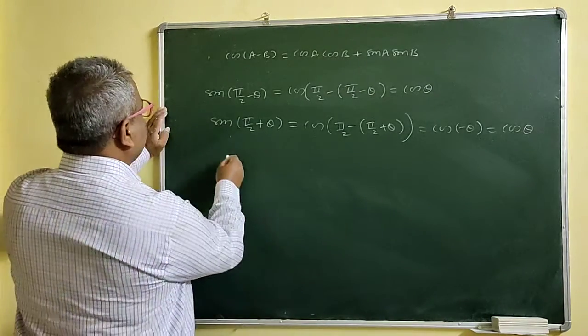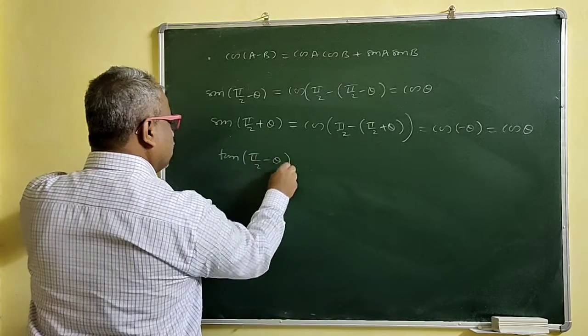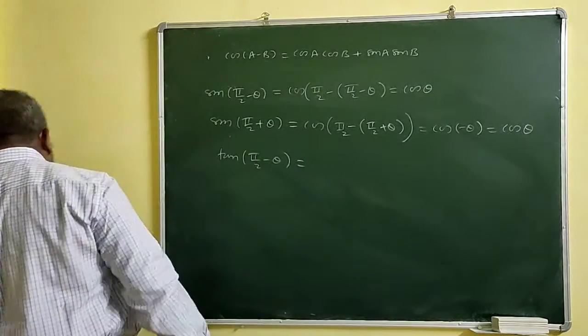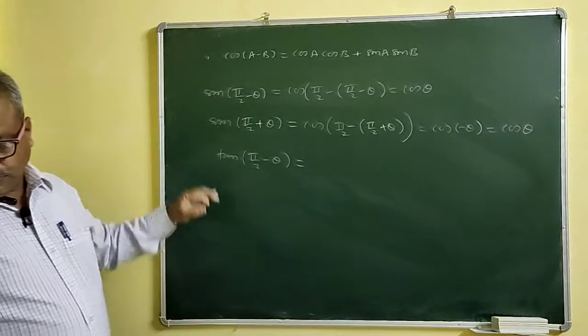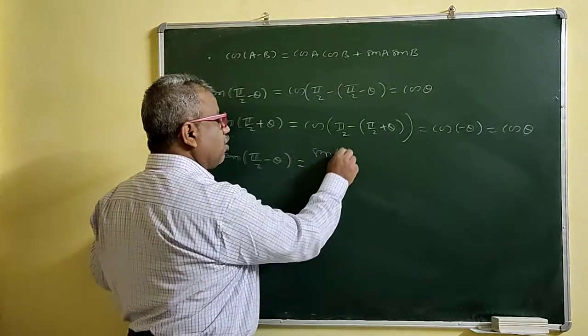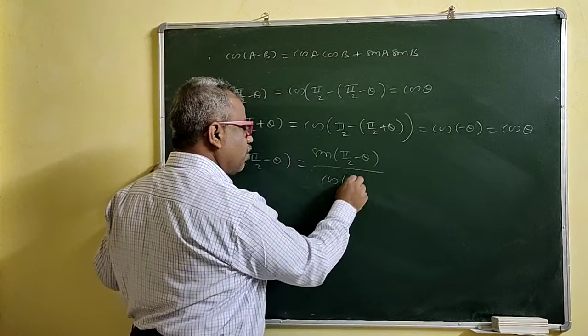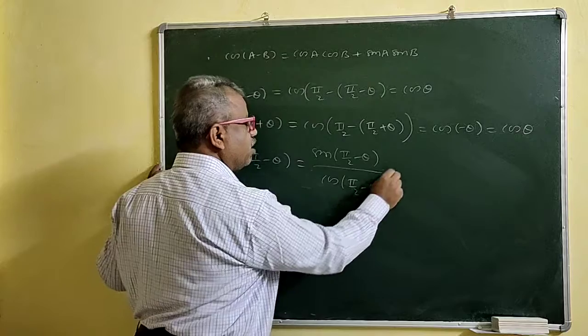Okay. So now tan of pi/2 minus theta. So tan(pi/2 minus theta) is what? Sin(pi/2 minus theta) upon cos(pi/2 minus theta), right?